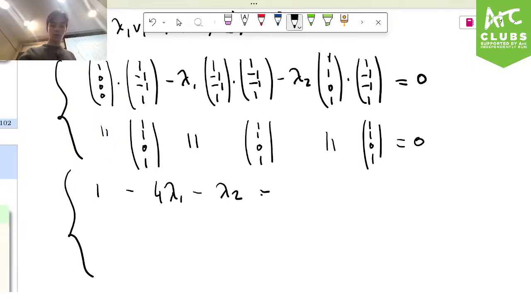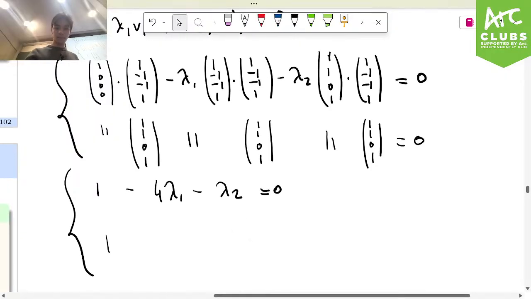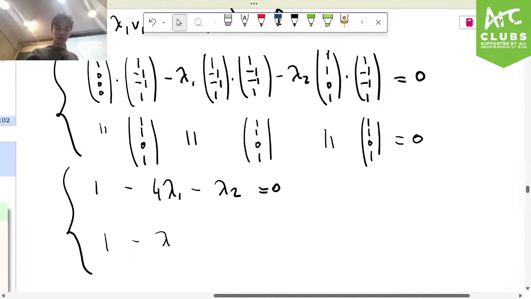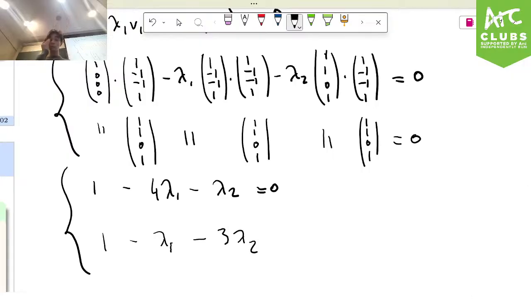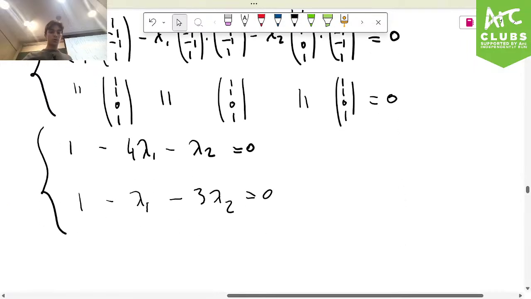Minus lambda 2 is equal to 0. And here we're going to get also 1 minus lambda 1 minus 3 lambda 2 is equal to 0. So we can solve this simultaneously.